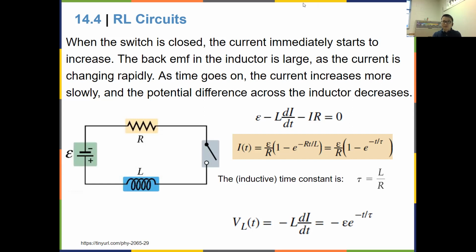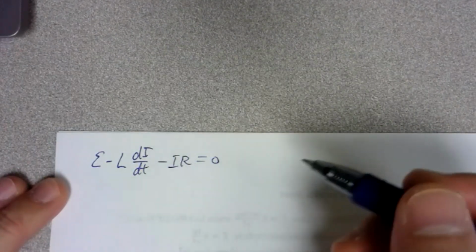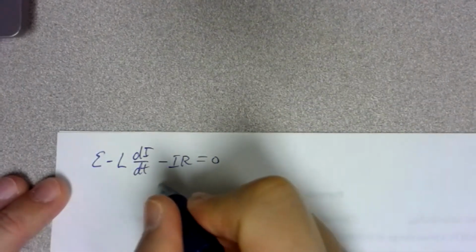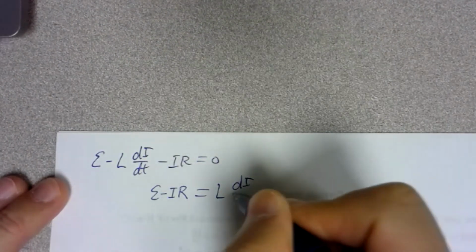Let me show you how to get to that result. Kirchhoff's loop rule gives us this equation: epsilon minus L di over dt minus IR equals 0, right? We'll be solving for I in terms of t. So we are going to put di on one side of the equation and dt on the other. First, epsilon minus IR equals L di over dt.